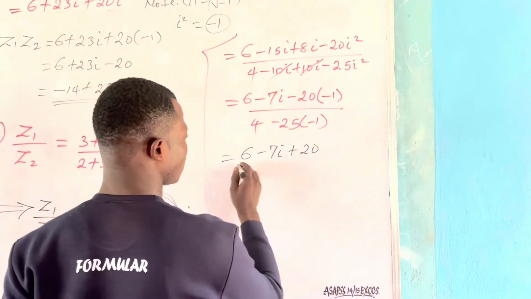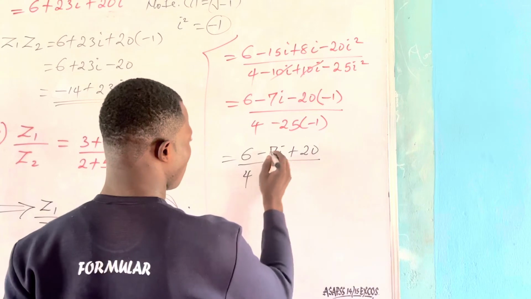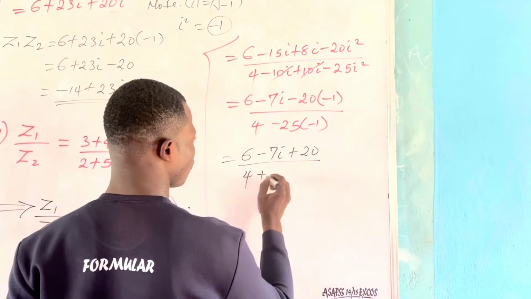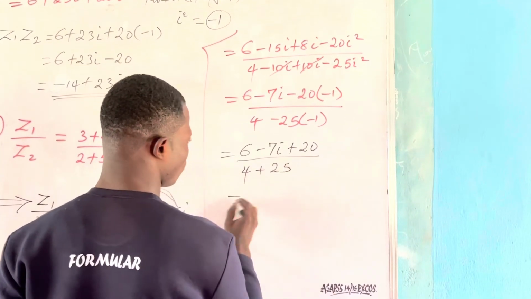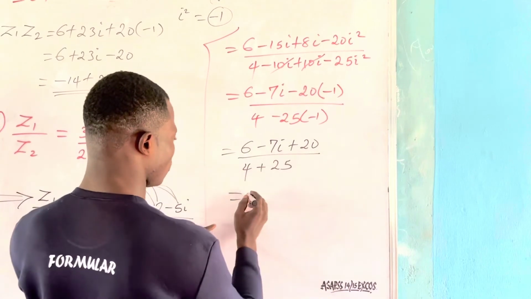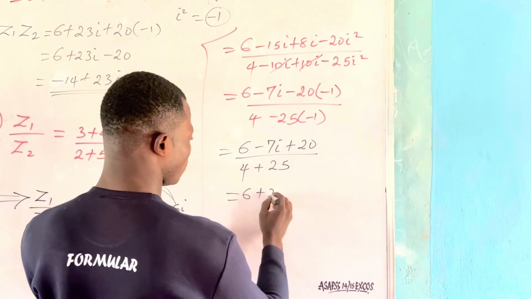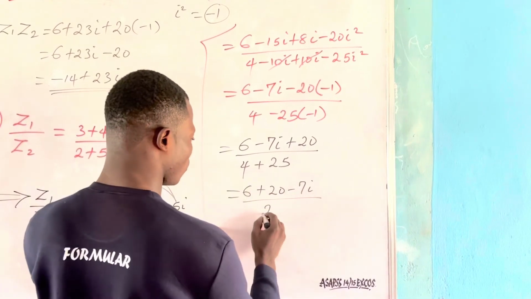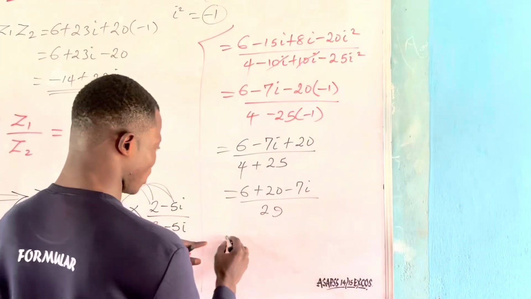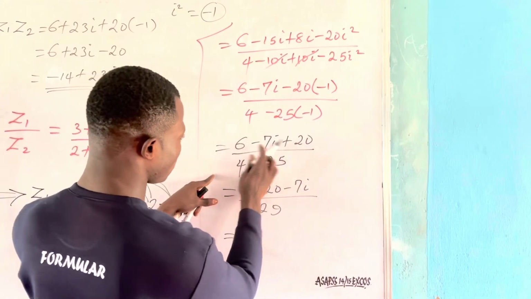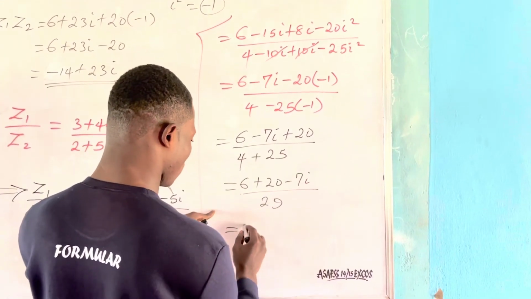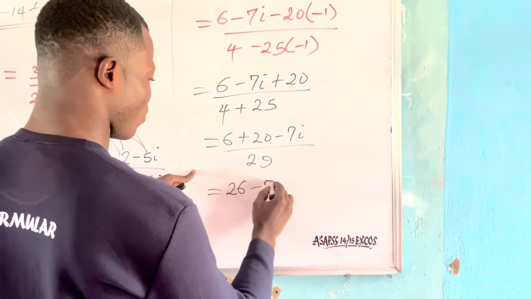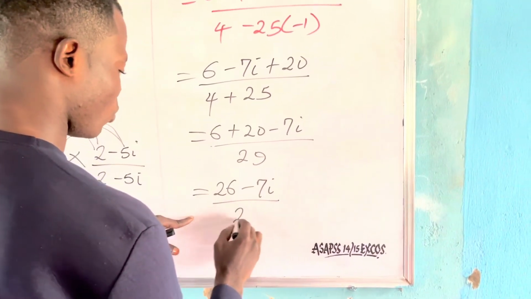Minus times minus will change to plus. So this will be 4 minus, this time this will change to plus 25. So we can now have two real numbers here, which is 6 plus 20 minus 7i all over 4 plus 25, this will give us 29. So the answer for this will be 26 minus 7i all over 29.